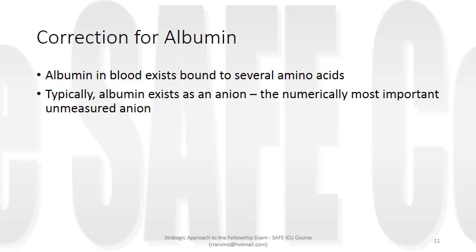Now the correction for albumin. This is crucial, very crucial. I can't overemphasize this. Albumin in the blood exists bound to several amino acids. Typically, it exists as an anion. Okay, it can exist as a cation as well, but typically the sum total of albumin is as an anion, and in fact, albumin is the numerically most important unmeasured anion.